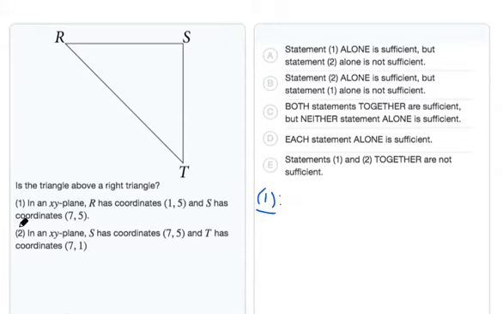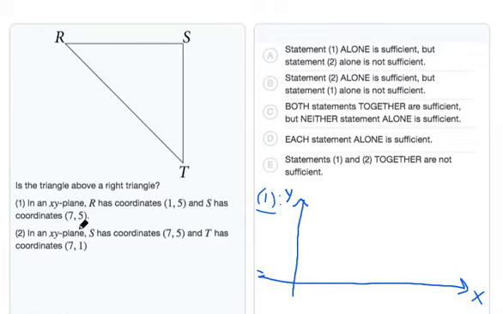Now for statement 1, we're told that in an xy plane, R has coordinates 1, 5, and S has coordinates 7, 5. So let's draw the xy coordinate plane and plot our points that we know. That doesn't have to be a perfect graph, but we do want to label our axes.